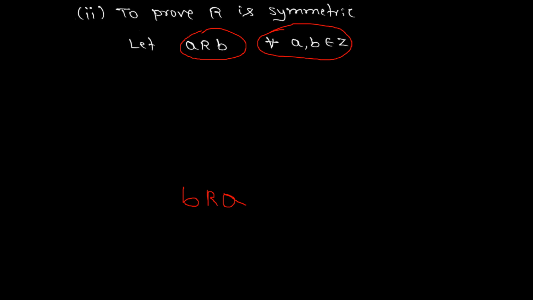First of all, the relation says whenever a is related to b, we can say a is congruent to b under mod n.